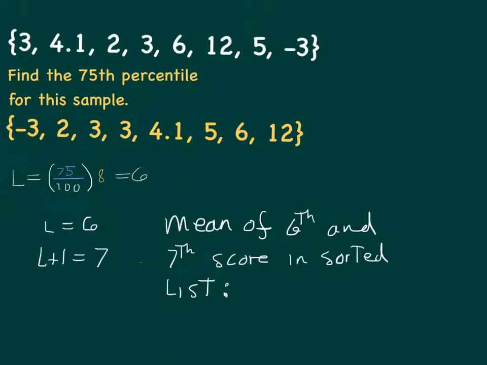All right, so we count out 1, 2, 3, 4, 5, 6. The 6th score is a 5. The 7th score is a 6. And then we divide by 2, so this is 11 over 2. So our 75th percentile for this data set is 5.5.